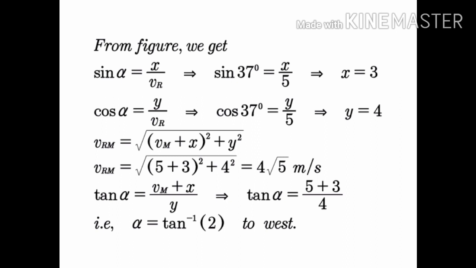VRM is equal to root of (5 plus 3) whole square plus 4 square, that is equal to 4 root 5 meter per second. To find out alpha, we use tan alpha, which is equal to (VM plus x) by y. That implies tan alpha is equal to (5 plus 3) by 4. That is, alpha is equal to tan inverse 2 to west.